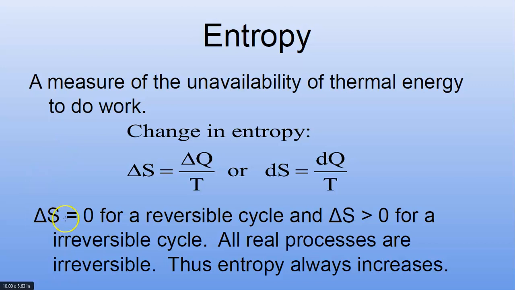This delta S, the entropy, is equal to 0 for any kind of reversible cycle, and it's greater than 0 for an irreversible cycle. But in real life, all processes are irreversible, and so this entropy is always going up, and that's just one of those things. It's a little bit deeper than what we need to get into, but just thought you'd like to kind of think about that for a moment.